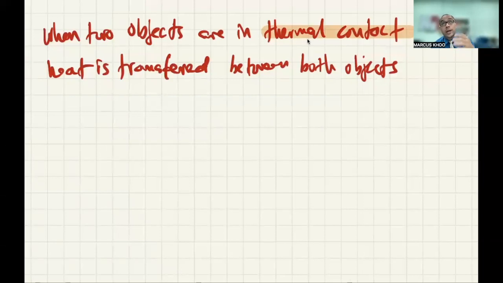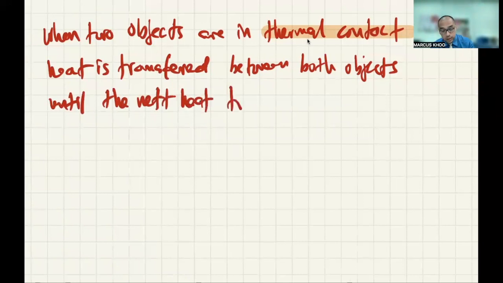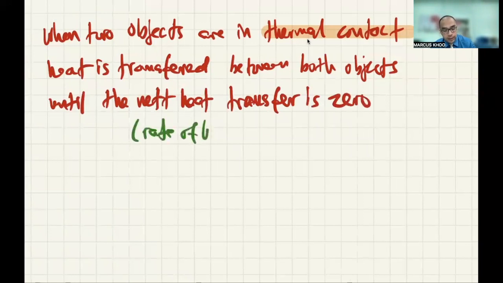It's just whether they are transferring more heat or less heat, until the net heat transfer is 0. Alternatively, until the rate of heat transfer is the same. Either one of these is fine.